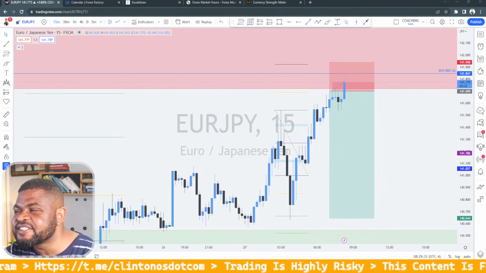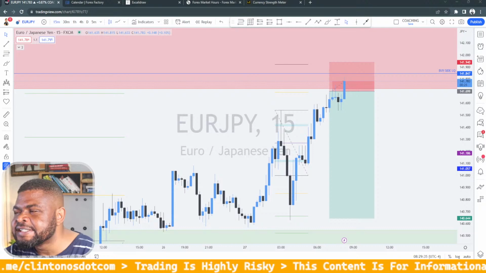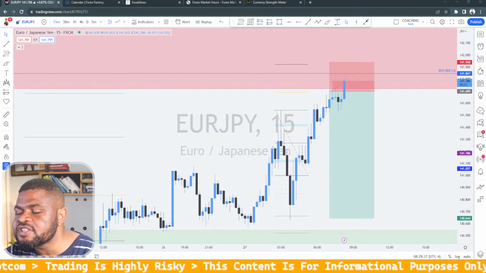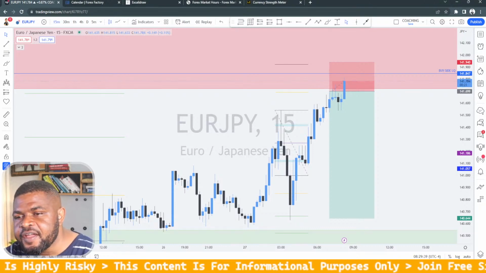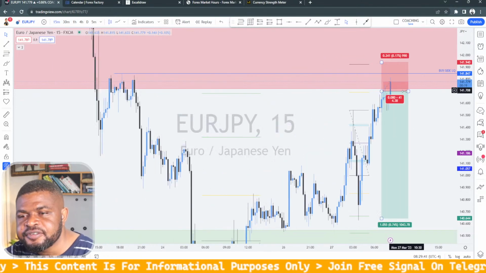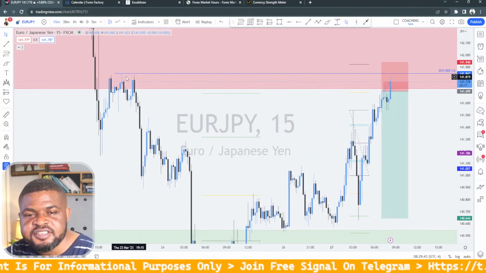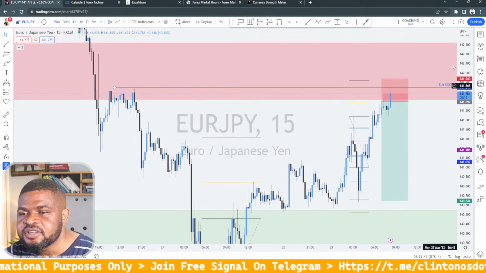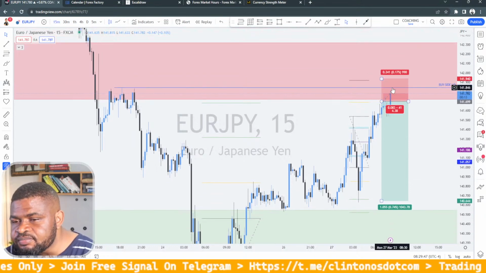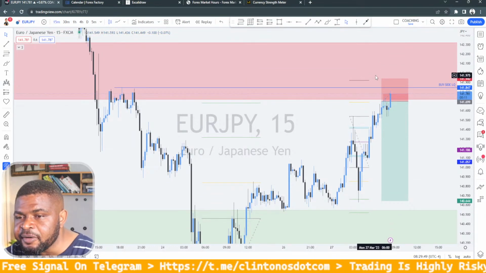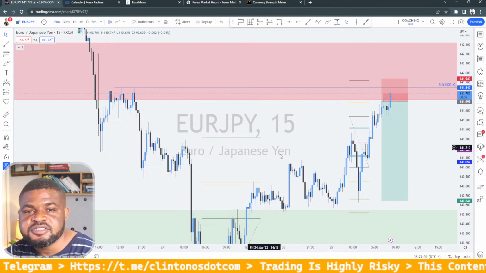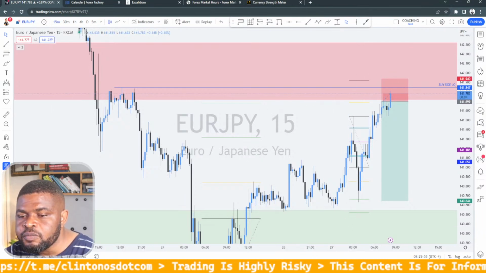So total risk to be lost is 0.6. I still believe after taking this liquidity it might go down. If it doesn't, my stop loss is there anyway. Both of my stop losses are there. So it might just take me out.